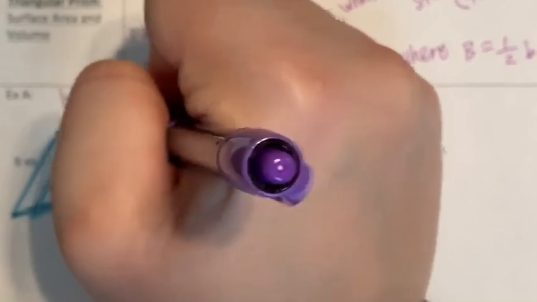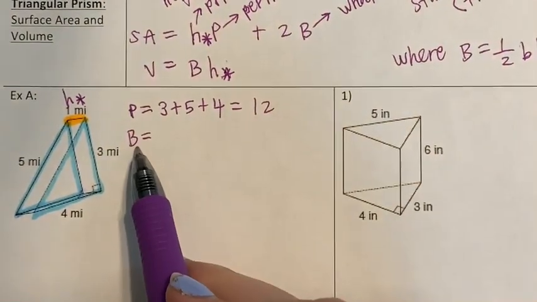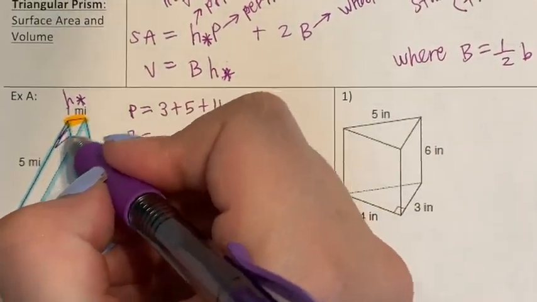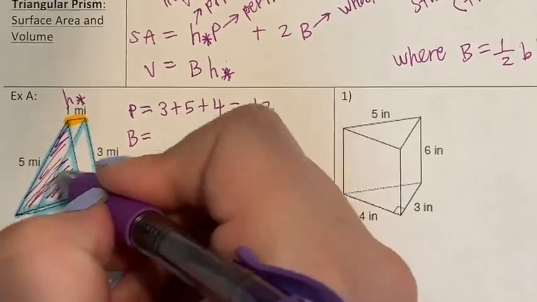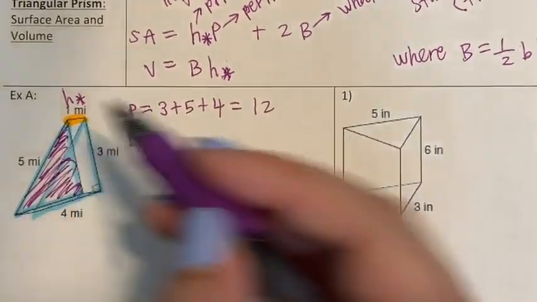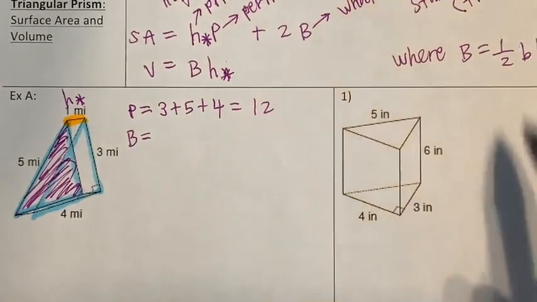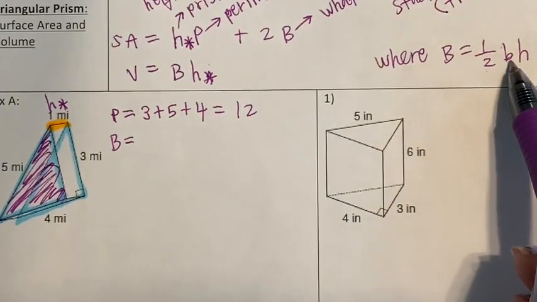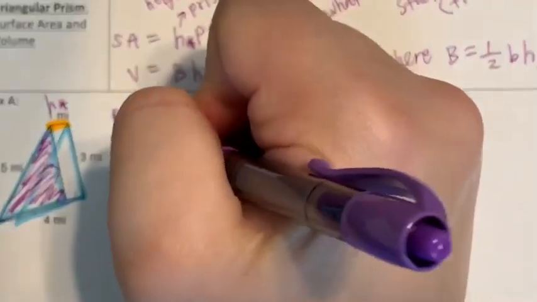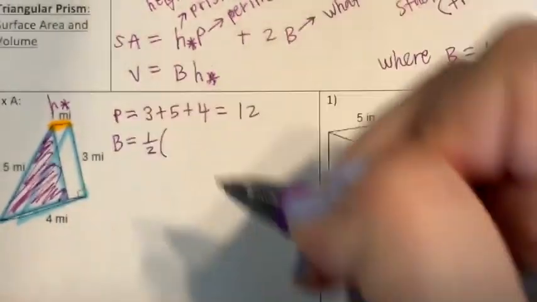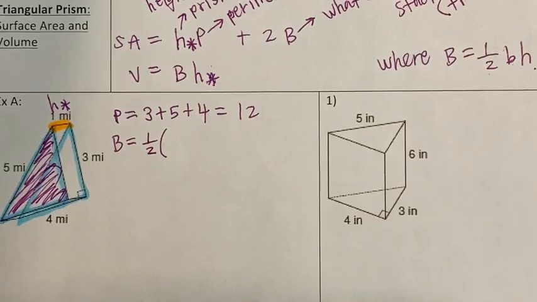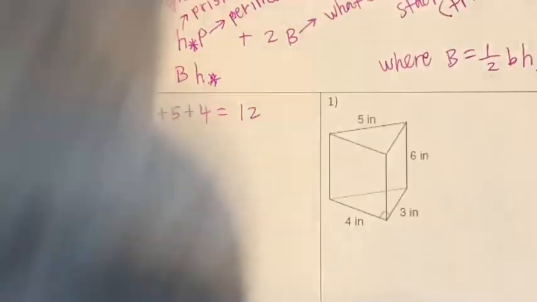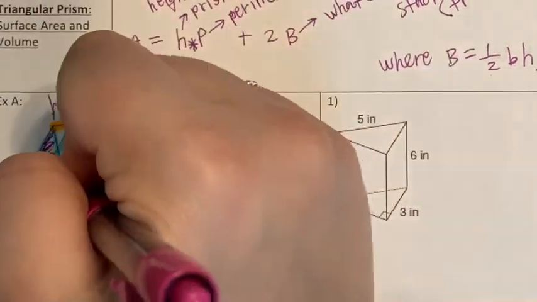I also need to find big B for base, which means the area of the triangle. You're trying to figure out the flat area inside the triangle. We know our formula from last trimester for the area of a triangle is 1/2 base times height. My base and my height in the triangle, and this is very important, are where they meet at a right angle.